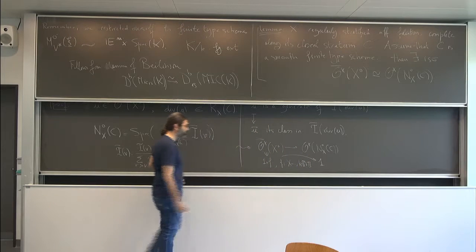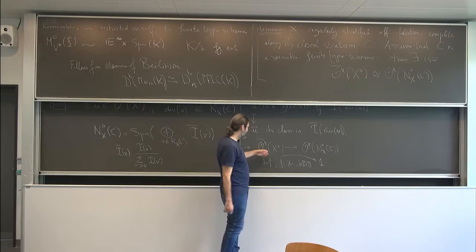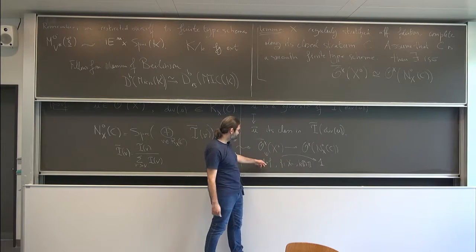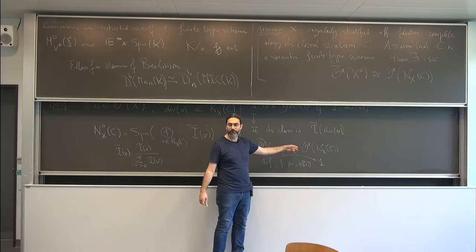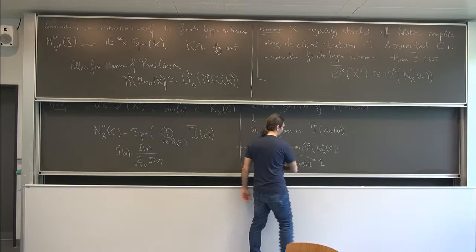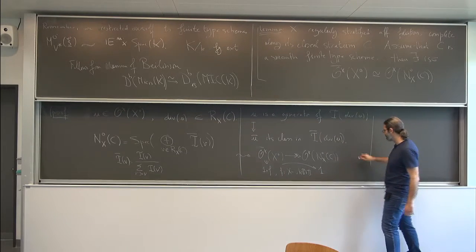This is simply by functoriality, because if you replace x by the spectrum of this guy here, then the image of 1 plus f will go to 1, obviously. It is also surjective, and then that's essentially enough for this proof.